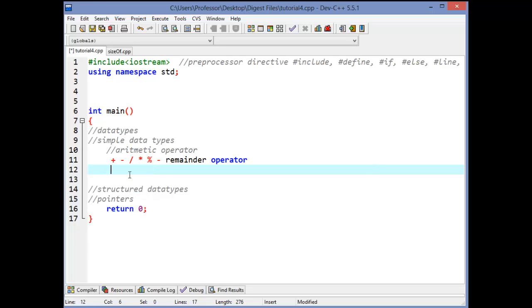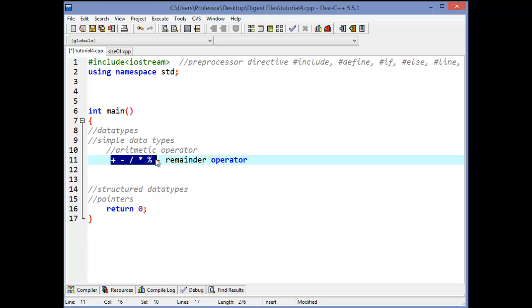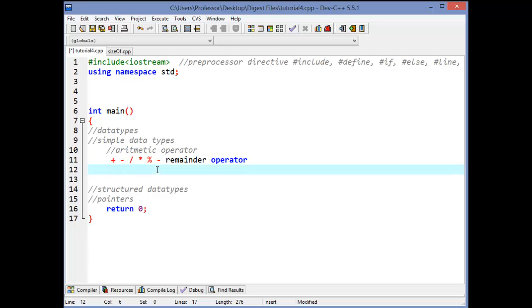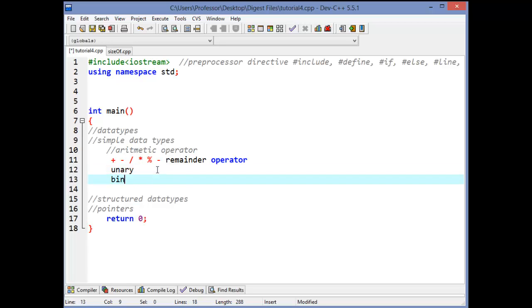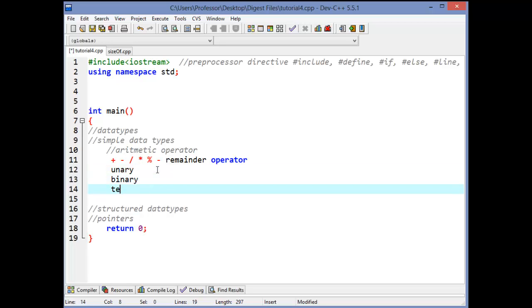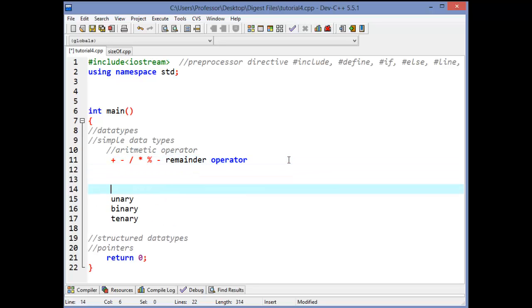Now these operators can be unary, binary, or ternary. Before I explain that, let me explain this.